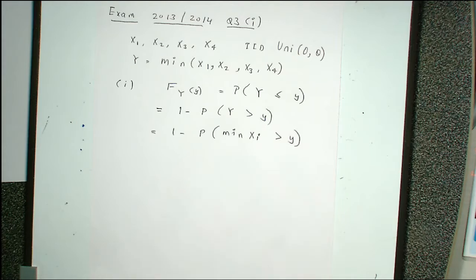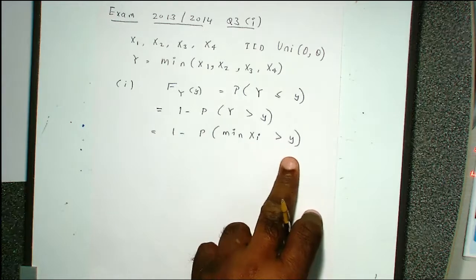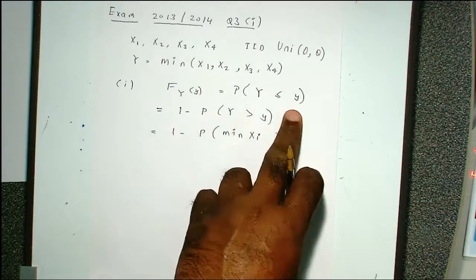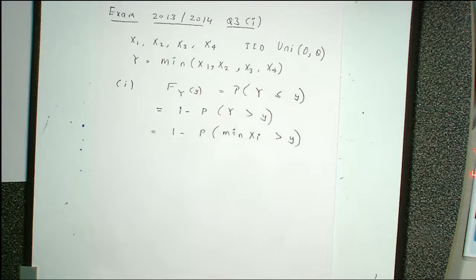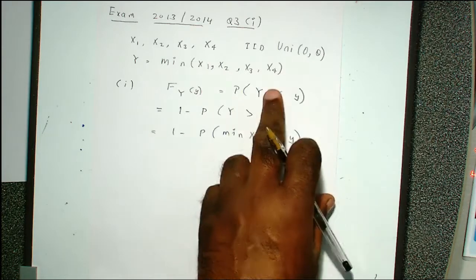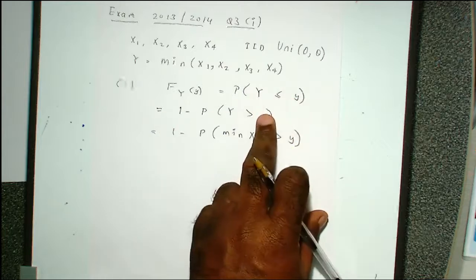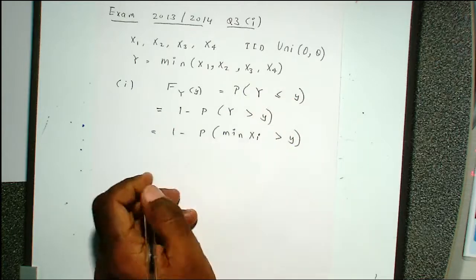You cannot say the same thing with the less than sign. If the minimum is less than something, it doesn't mean that each element is less than. So it's important that you write this in this form before you proceed.